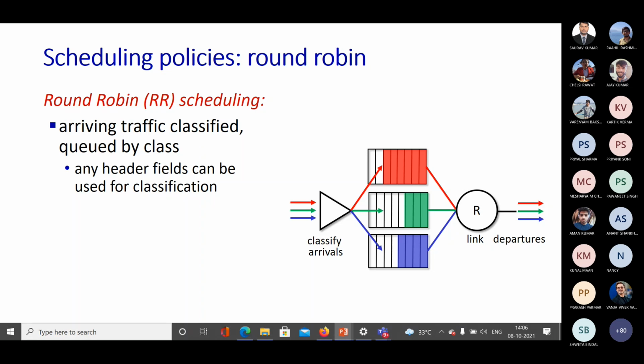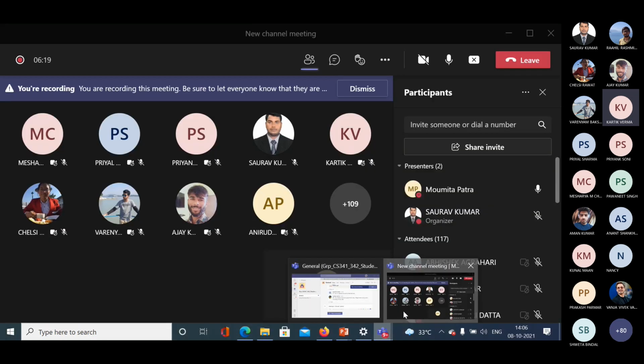So the server will check each of these queues one by one, and take packets from each one of them turn by turn and then serve those packets. All of the packets at the head of the queues have to wait for the turn whenever the server comes and takes the packets.